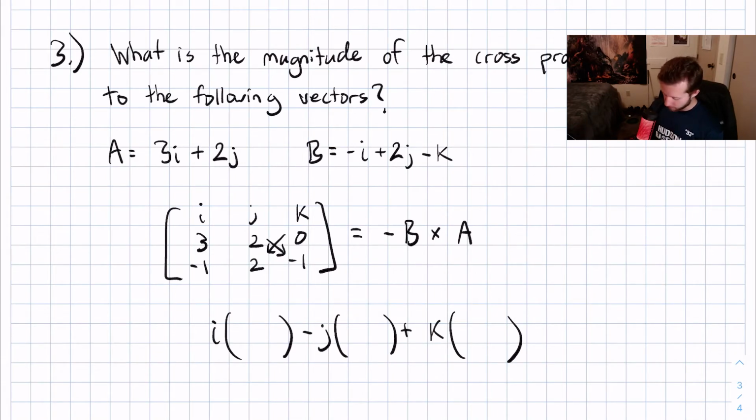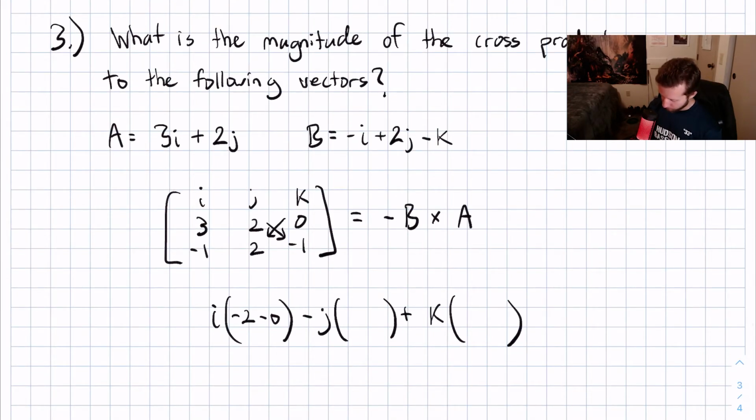For the first column, that'll give us -2 minus 0. When you're solving for these, it's always a difference, so the middle here is always a subtraction. For j, we get rid of the j and cross multiply these two. The first one gives you -3, and then 0 times -1 is 0. So we solve for j there.